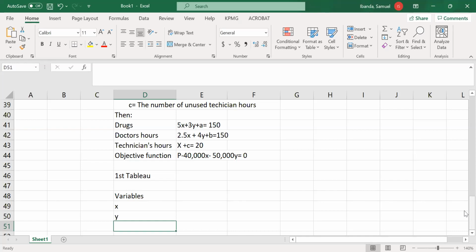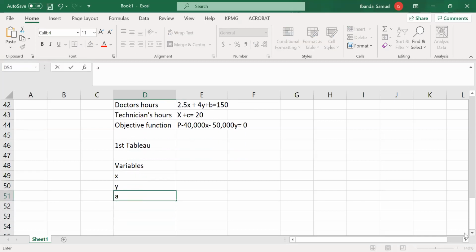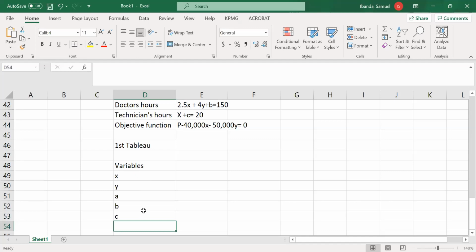Then we have our so-called slack variables, which from these equations we can see are A, B, and C. That is basically what we have.